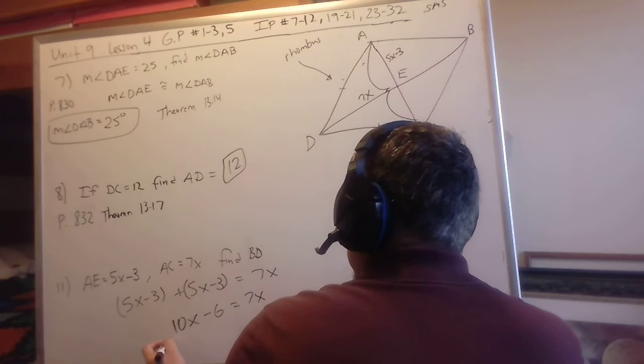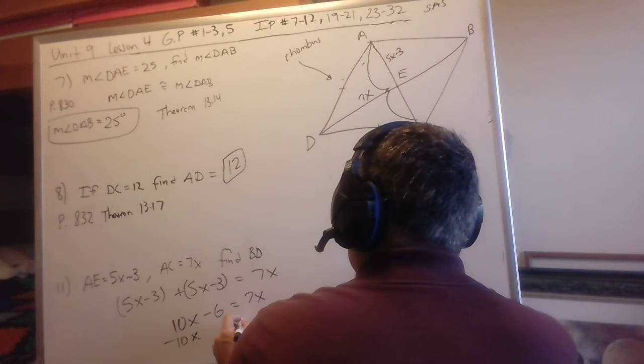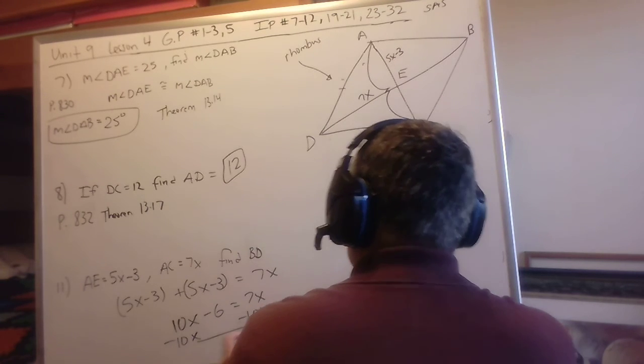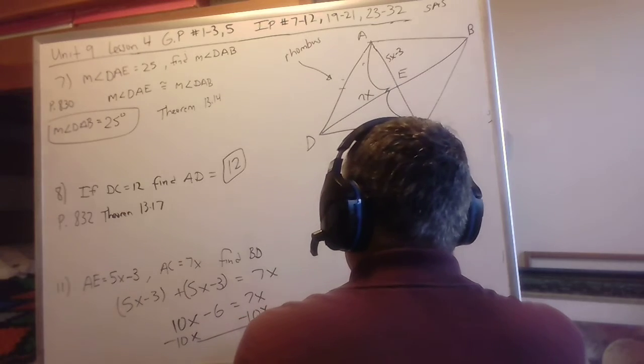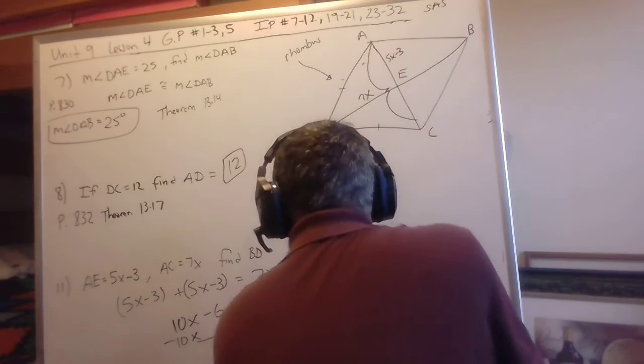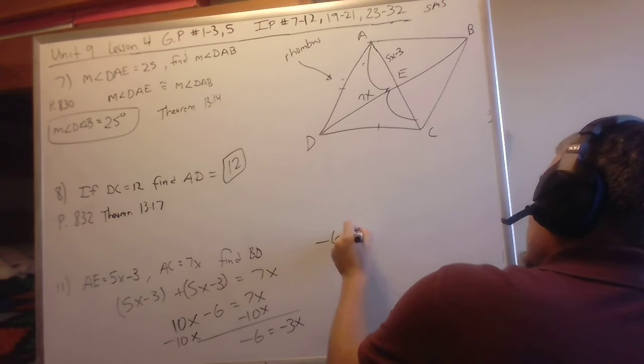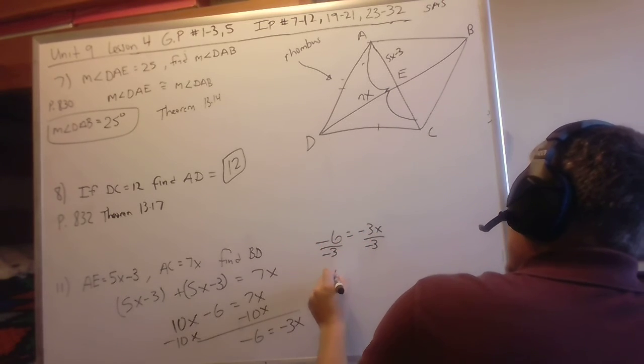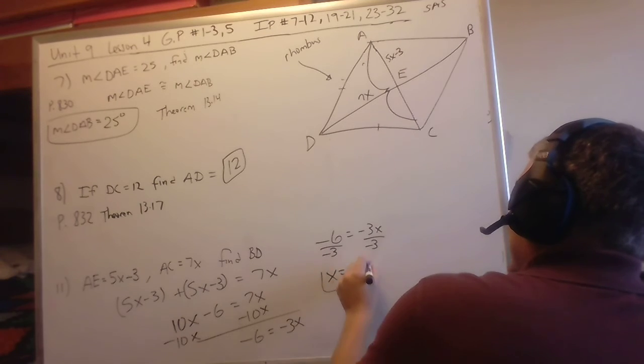Then we subtract 10x from both sides, and we get negative 6 equals negative 3x. Then we solve for x by dividing both sides by negative 3, and x equals 2. But that is not the length.